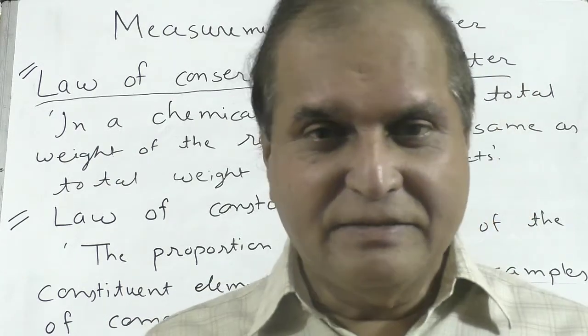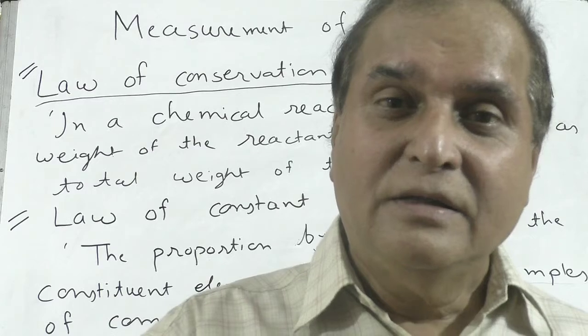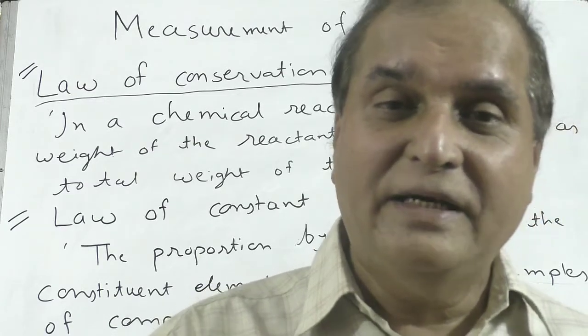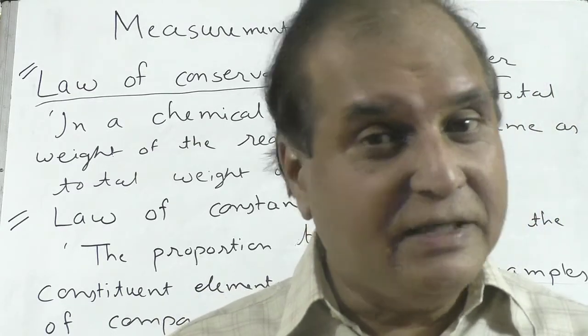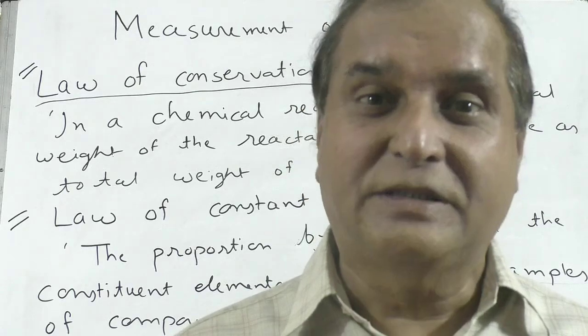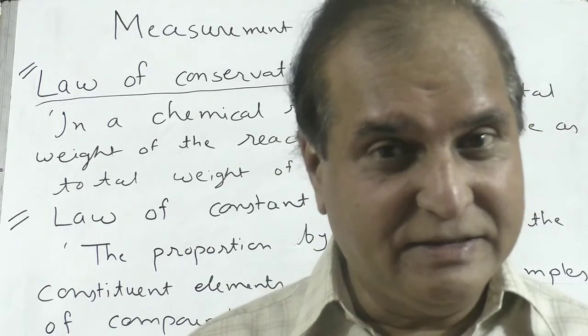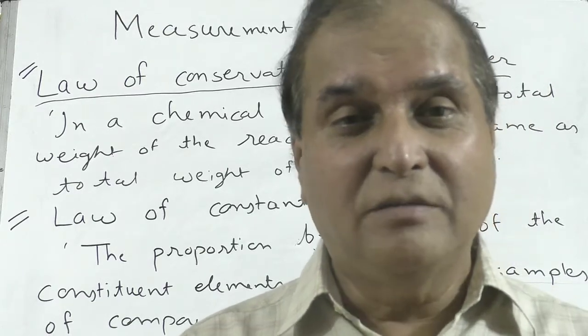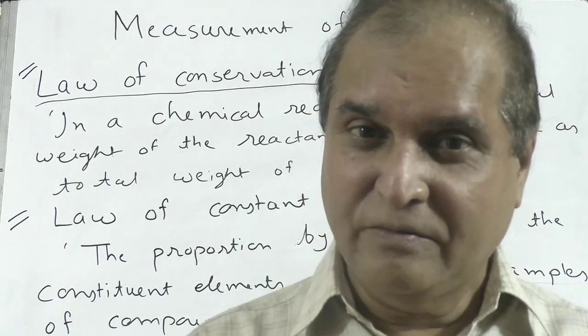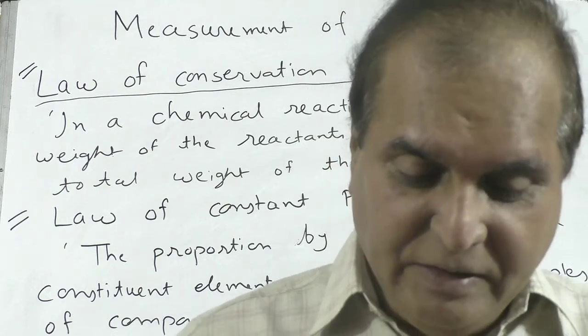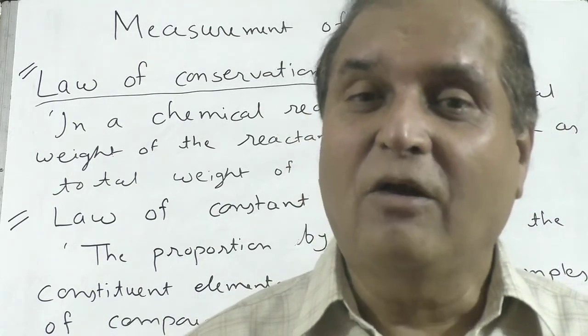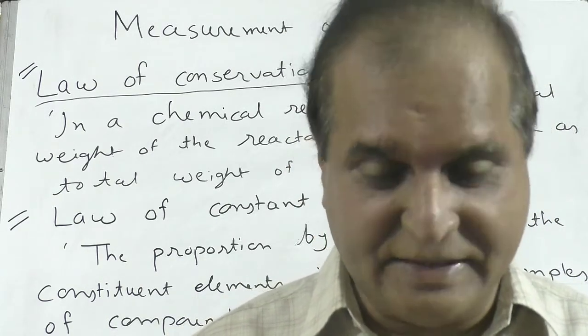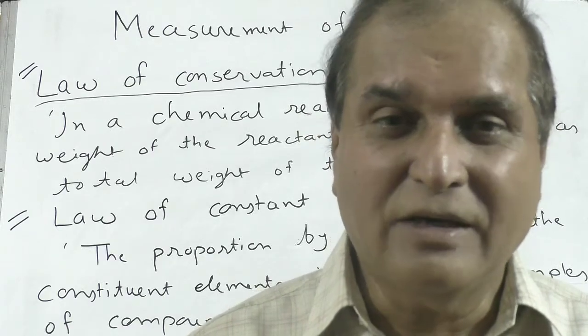Take the weight. Later the products will be formed. Take the weight. The initial weight of the reactants will be the same as the weight of the products. So matter is not lost. Mass is not lost. So this is the basic law of conservation of matter. These are laws of chemical combination.